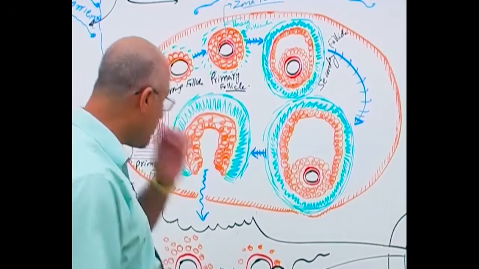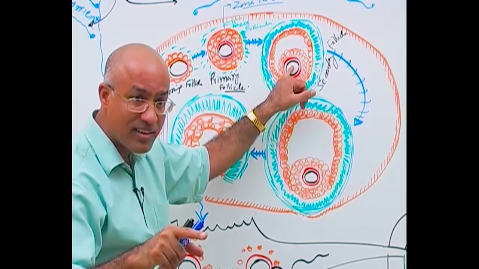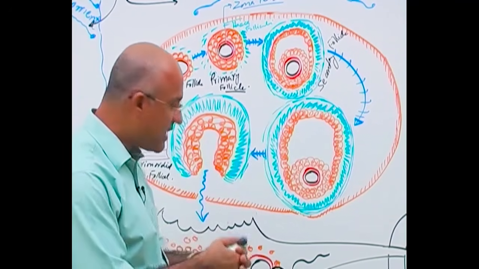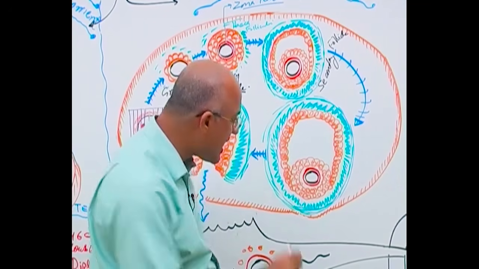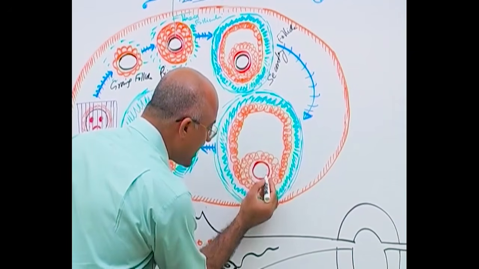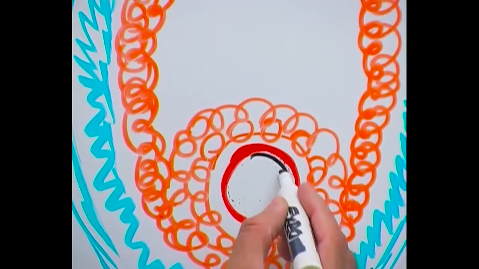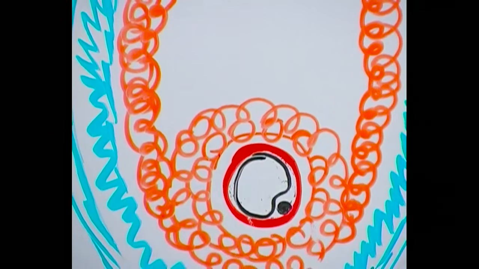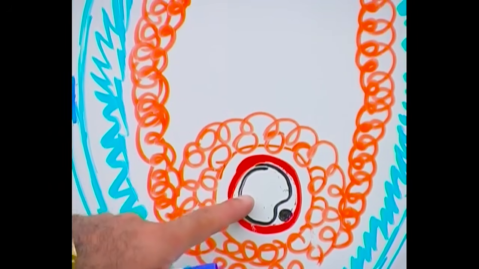When it completes its first meiotic division, it will divide into two cells. One cell will have very little cytoplasm. This is called the first polar body. The other cell will be very large with a lot of cytoplasm, and this is called the secondary oocyte.